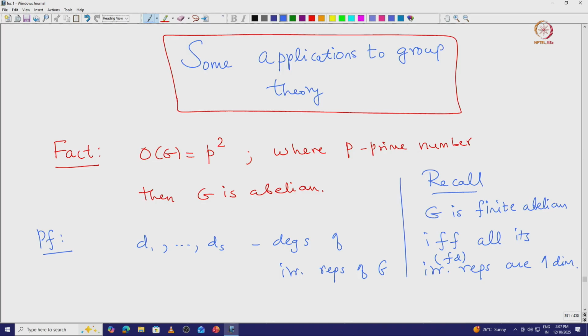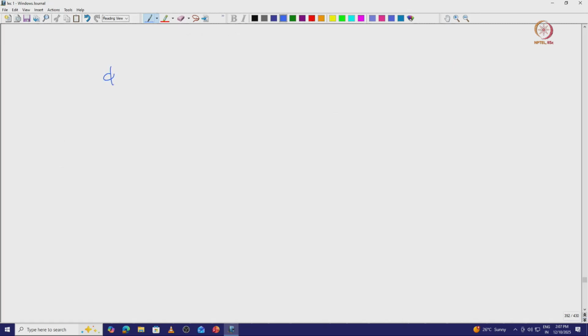Now what do we know about these degrees? The degree of an irreducible representation divides the order of the group. So, d_i divides p square, which is the order of G. This is the dimension theorem that we proved in the last class.